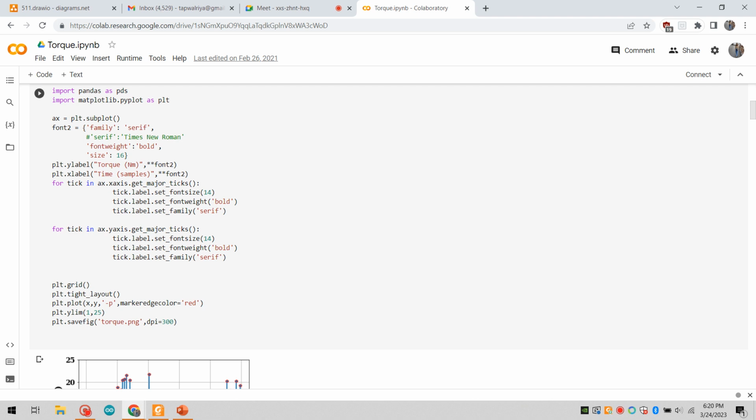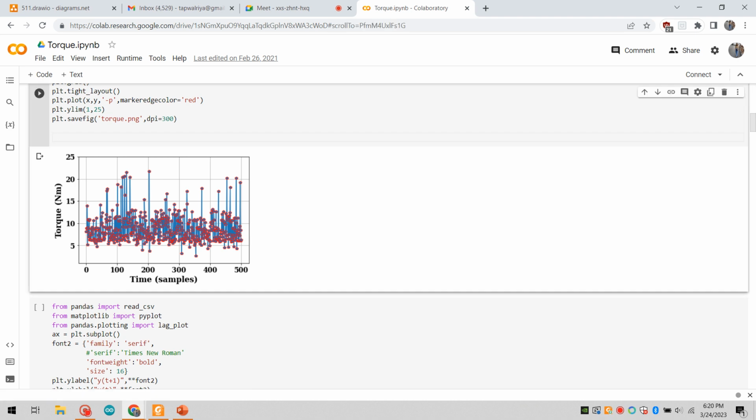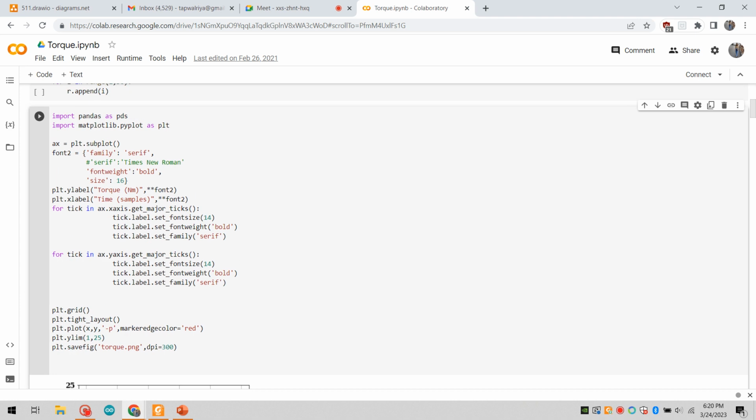First of all you have to import the matplotlib library. After that, here I have specified the font type which I want to use for these labels, that is this stock value or this 5, 10, 15, all those things. So in order to specify the font type which I want to use in my plots, I have done this here.